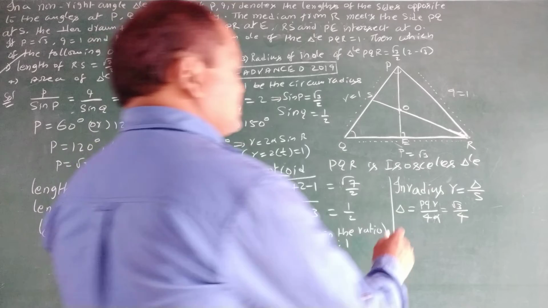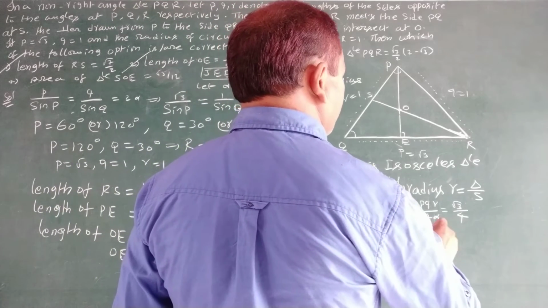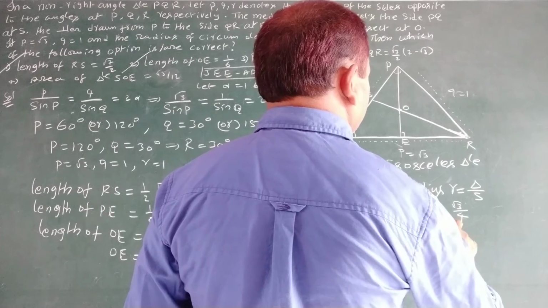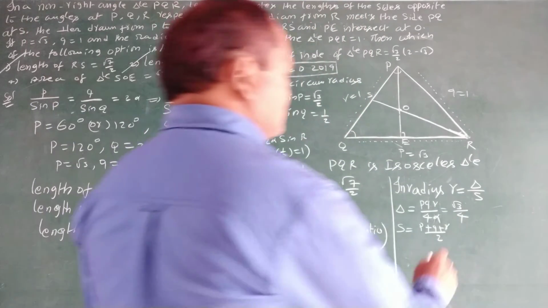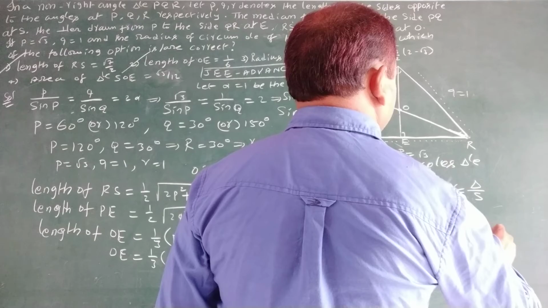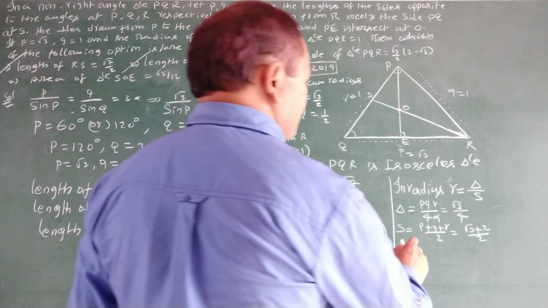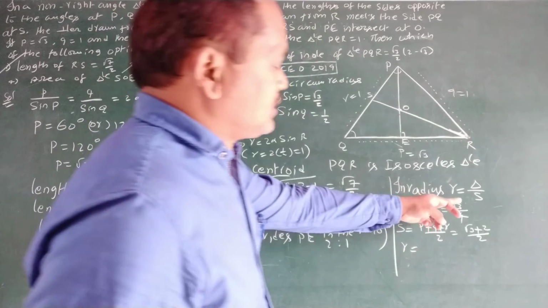Now s is equal to p plus q plus r by 2, since it is the semi-perimeter, that is root 3 plus 1 plus 1, 2 by 2. That's why small r is equal to this one by this 2.